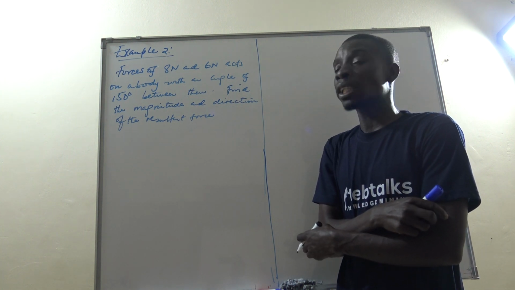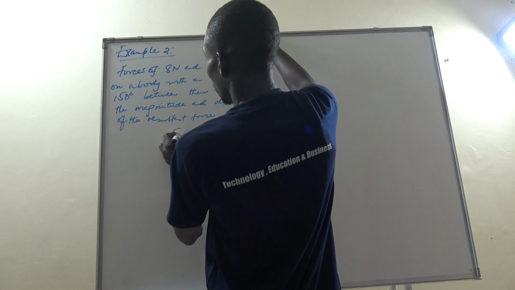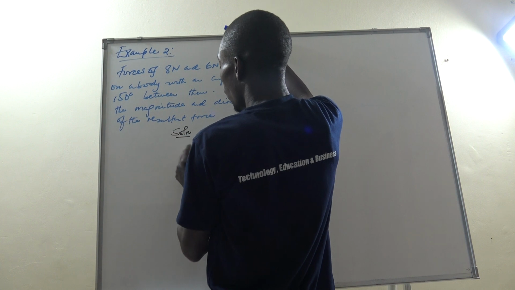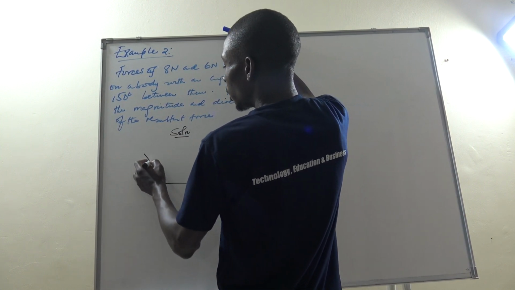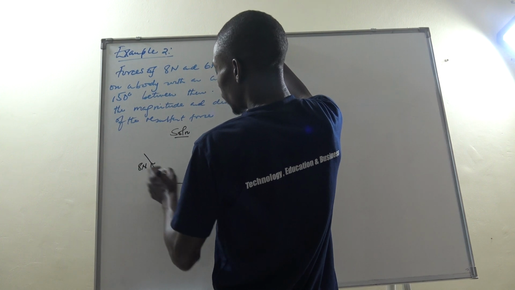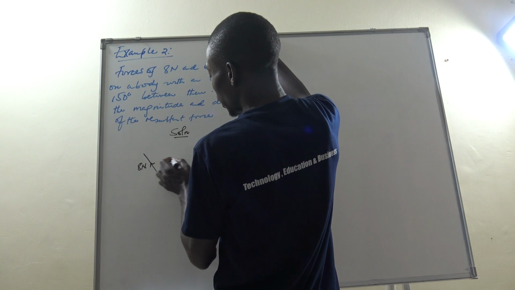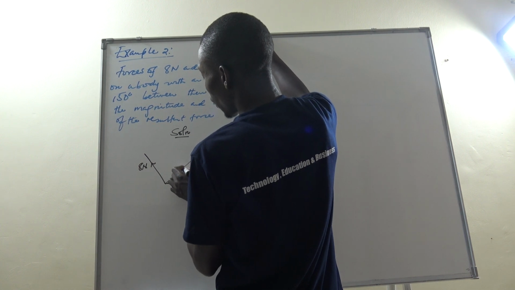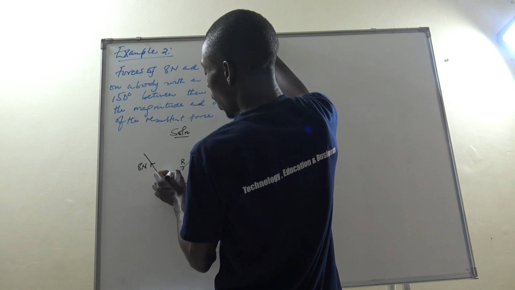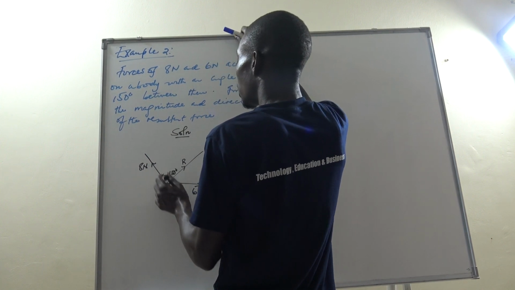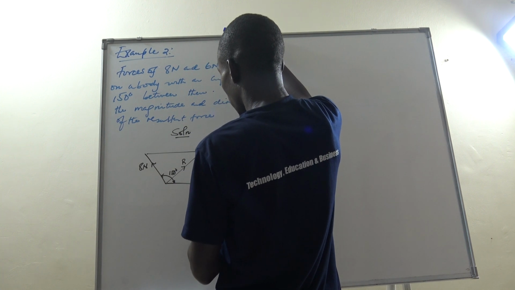The first example tested an acute angle. Now, if we have an obtuse angle, we agreed under our note that we have something like this. This one can be 8, this one can be 6, and my resultant can be here as R. Already I've told you the angle is 150 degrees. So if I complete my parallelogram, it should look like this.